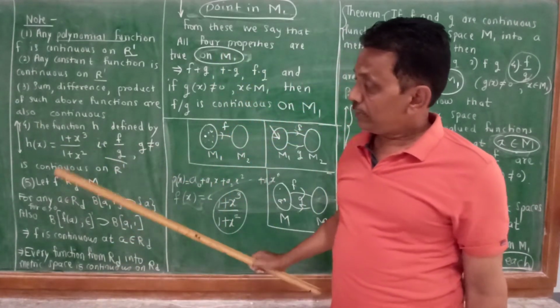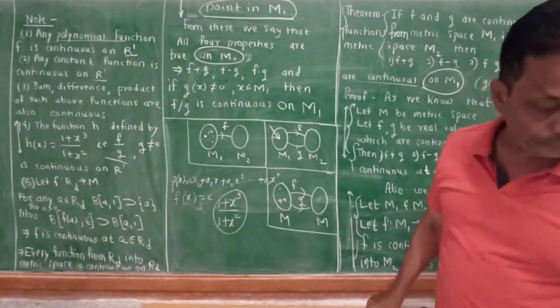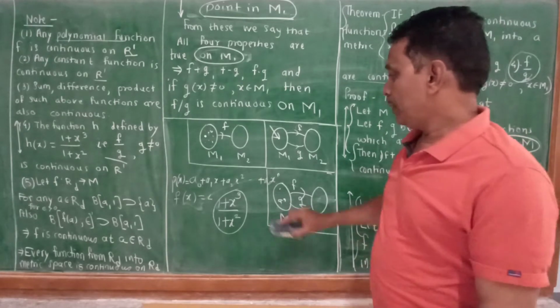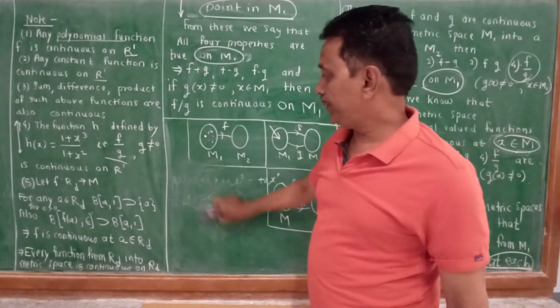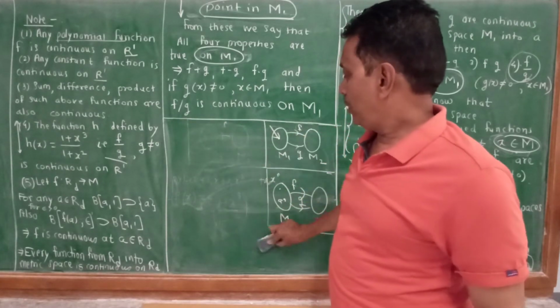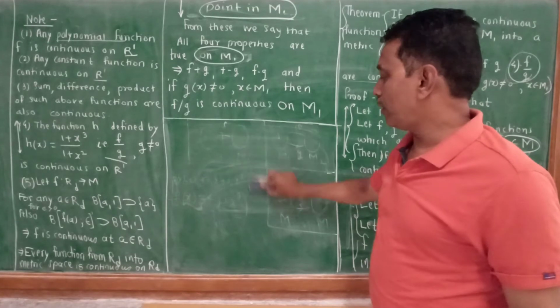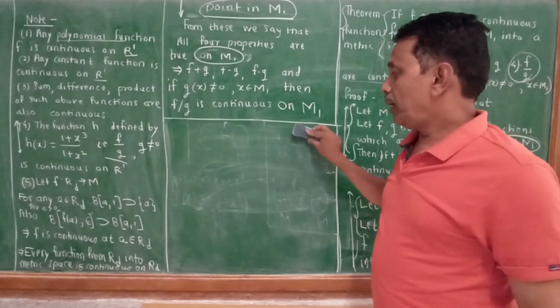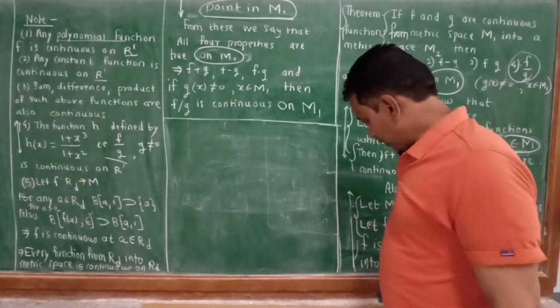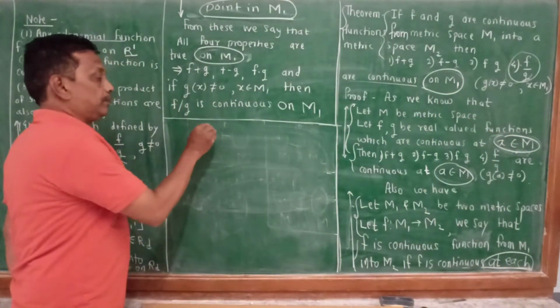And last, there is one statement regarding RD. We know RD, the discrete metric space. We have seen in the definition and examples of metric space, I think there is a second example of a metric space which is RD.